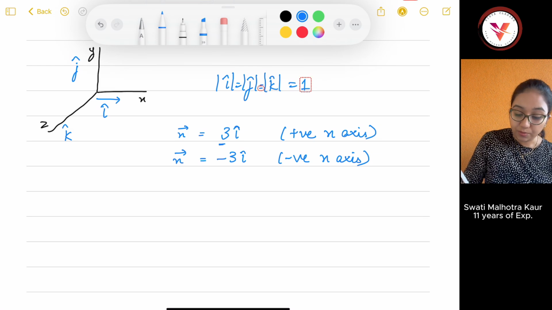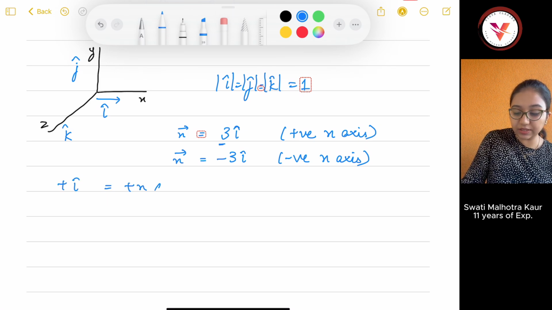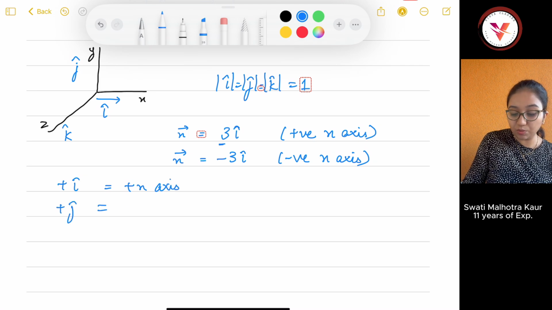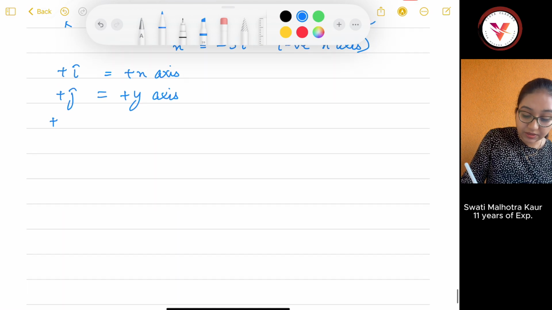So plus i cap is along positive x-axis, plus j cap along positive y-axis, plus k cap is along positive z-axis.